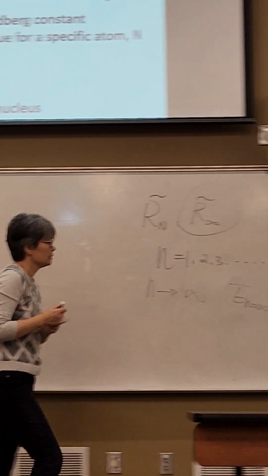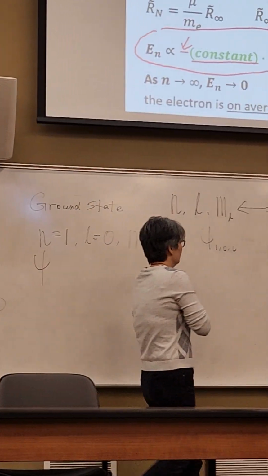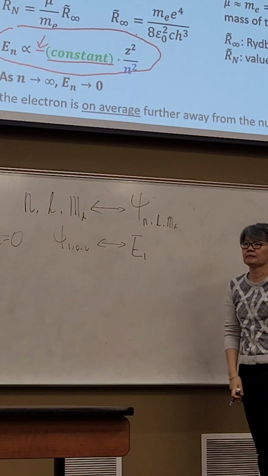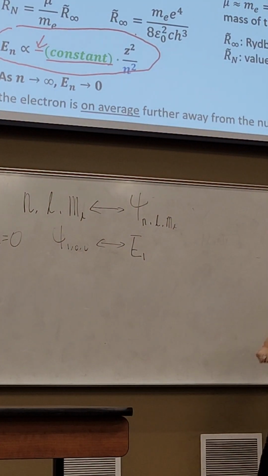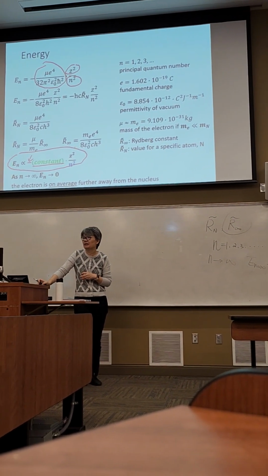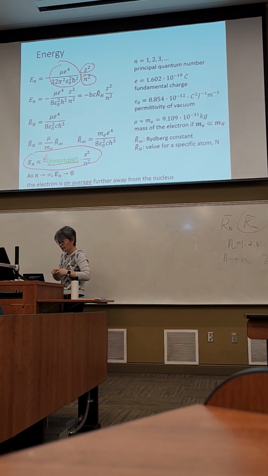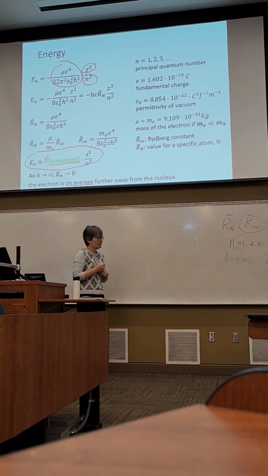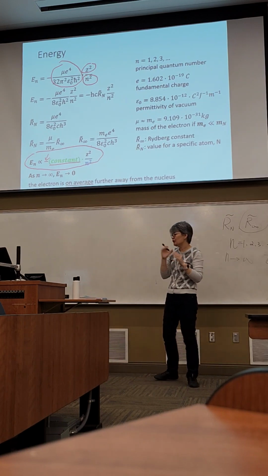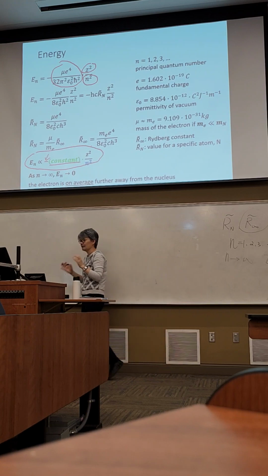with the corresponding energy value of E sub 1. Then you replace n with 1, you put in all the constants and the Z value, and you get a value for your energy. Okay, that's a general discussion for the electron in the hydrogen-like system, just a one-electron system.